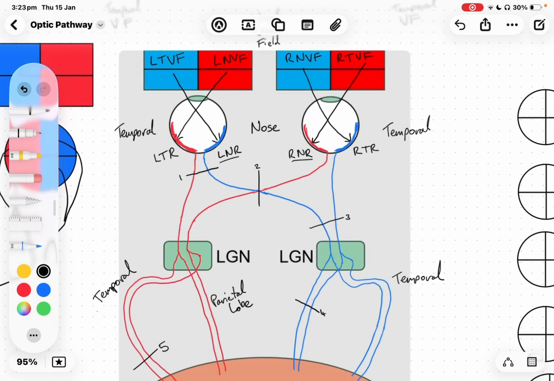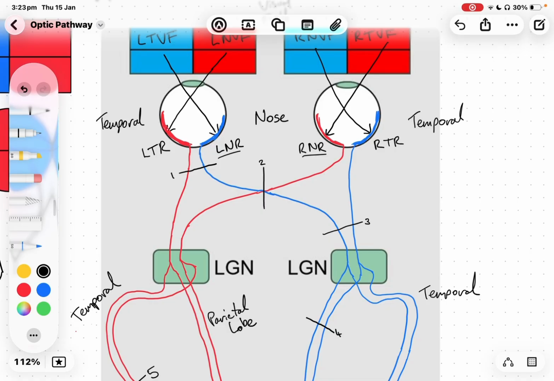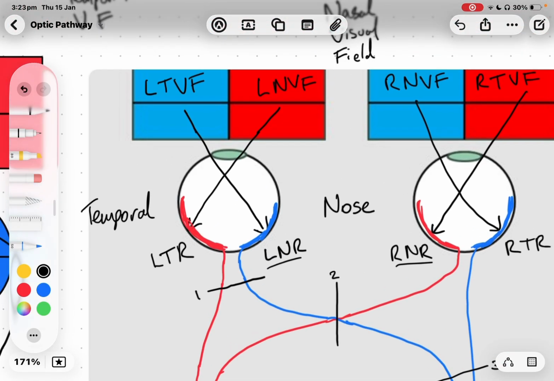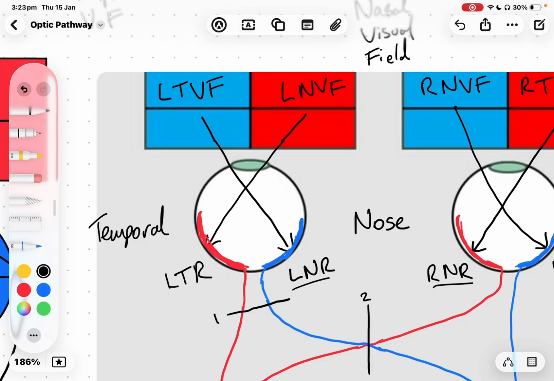So what we're going to do now is see if we can work out where the blindness is based on the lesion. I always say follow the fibers with this one. If we look at lesion 1, we can see that none of the left nasal visual field is going to make it back to the occipital lobe, and neither is the left temporal visual field.